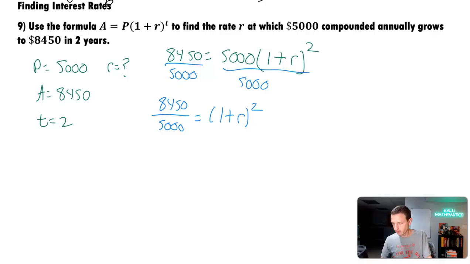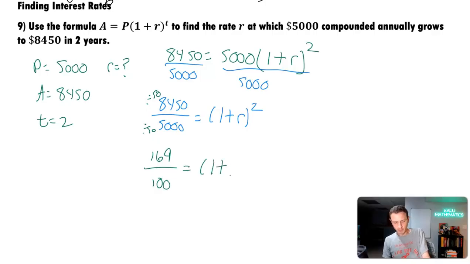Let's try. I'm sure we can go bigger, but let's try 50 actually. Yeah, 250. So I'm going to divide both of these by 50. So 84.50 divided by 50 is 169. And then 5,000 divided by 50 is 100.